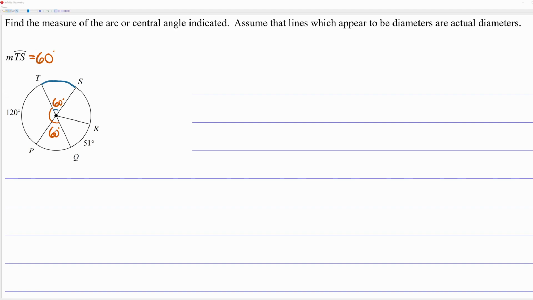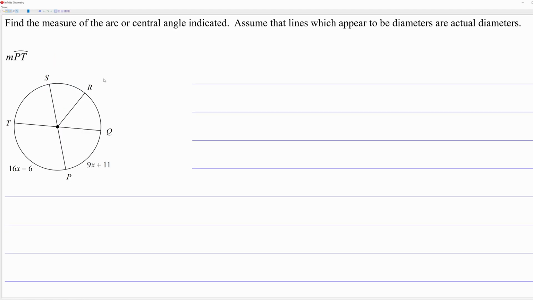Okay, I think we have one more example to do, just to give you a few more things to play with. So this time we want, this is another minor arc, and this is the minor arc PT. So you go from P to T in the shortest distance possible. And notice we've switched a little bit in this problem.